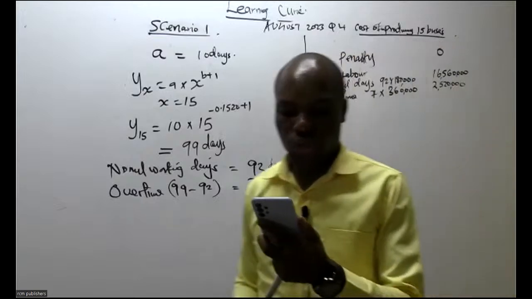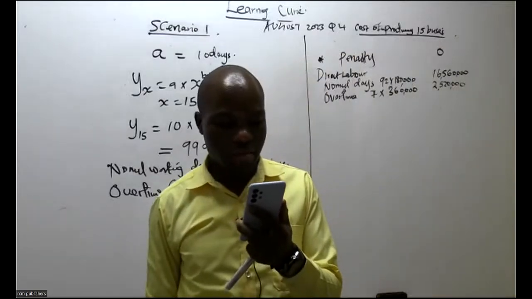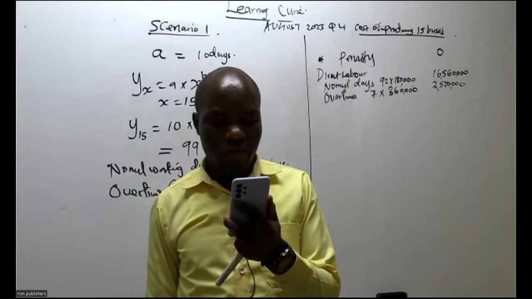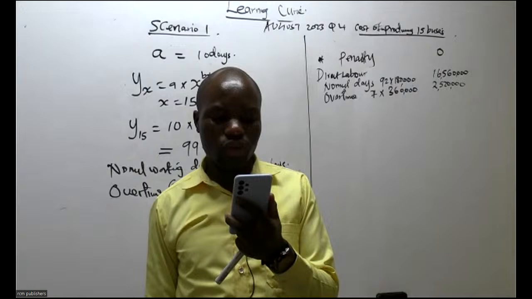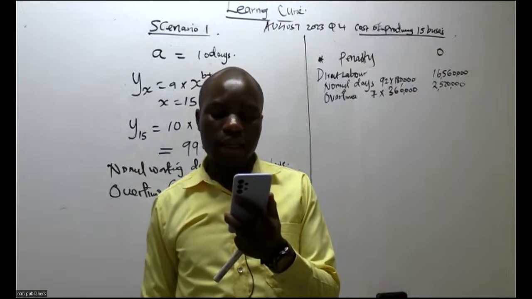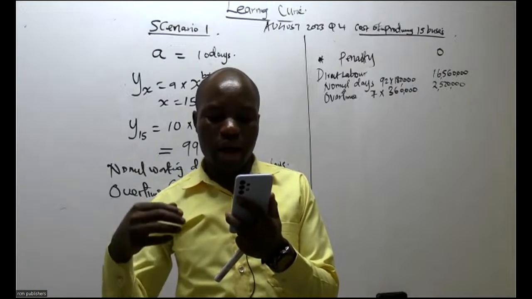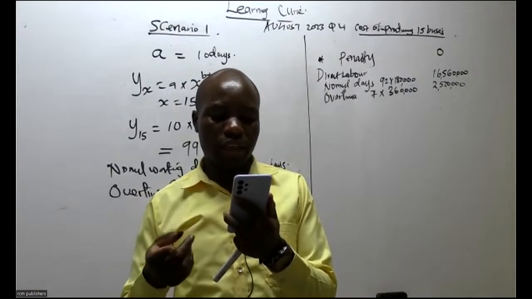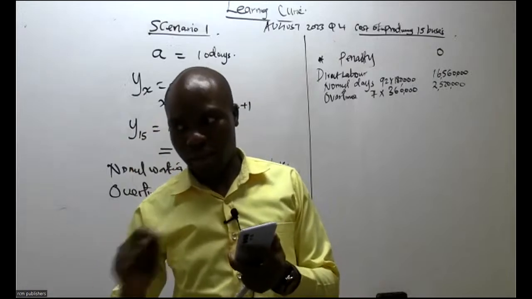Great. So let's go to additional information number 5. Overheads will be allocated to the special order at the rate of 30,000 shillings per normal working day, and no overheads will be allocated for overtime working.